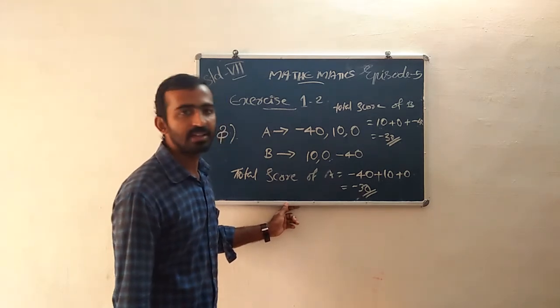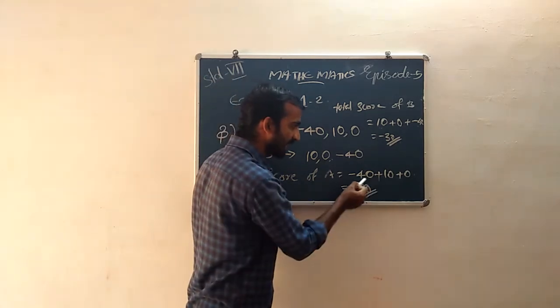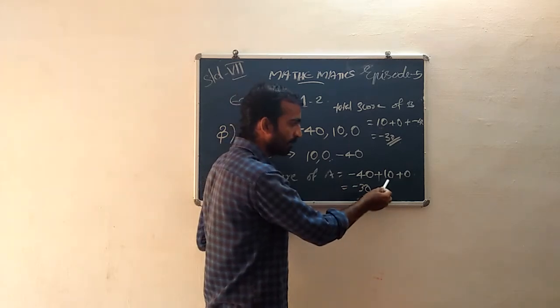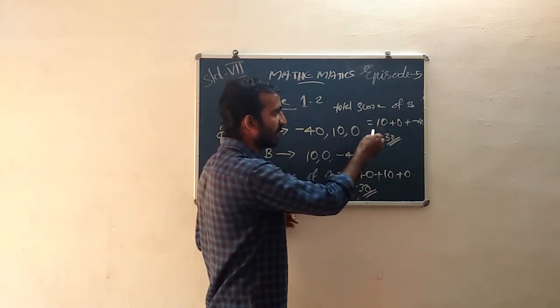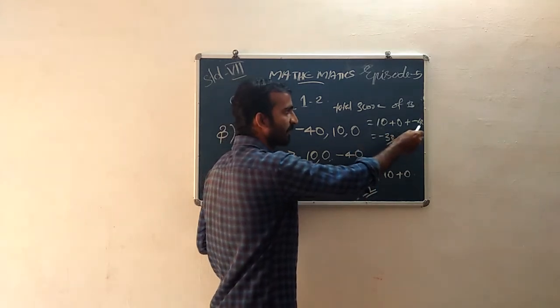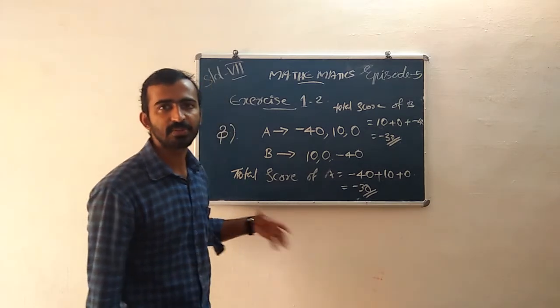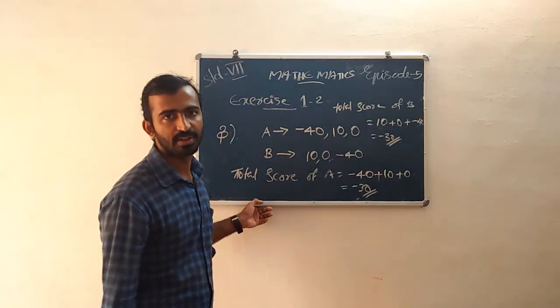Yes, we can add the integers in any order. For example, the first is negative 40 plus 10 plus 0, and for the total score of B, we write 10 plus 0 plus negative 40. Yes, we can add integers in any order.